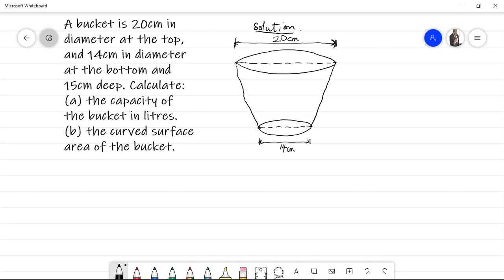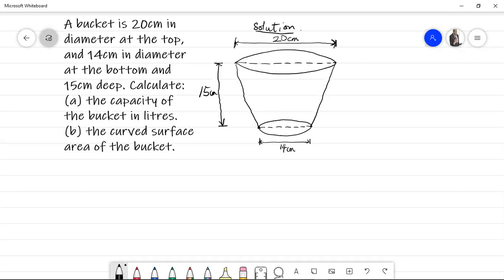This bucket is also 15 centimeters deep. So that is actually talking about the height. So allow me to do this outside the shape to show us that this is the depth of the bucket, which is given as 15 centimeters. Remember, questions like this, you will be the one to draw the diagram yourself. So I'm showing you how that is being done in this sketch.